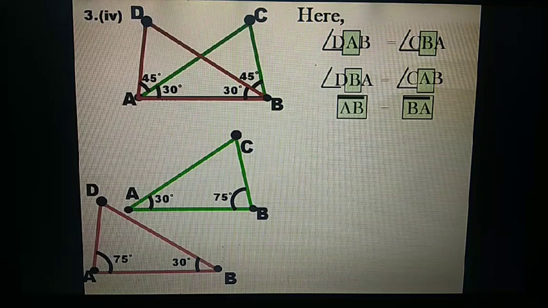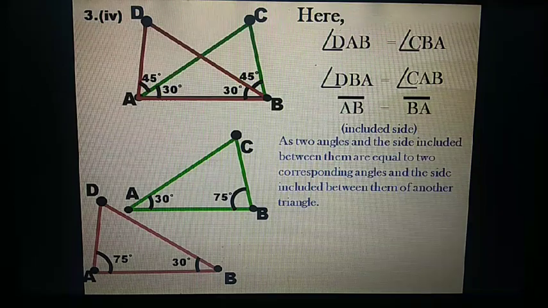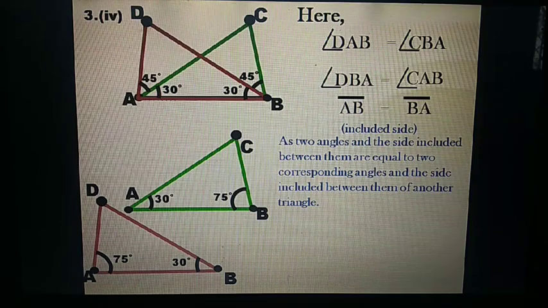As the included side is mentioned and they are equal, we can say that the triangles given to you, by ASA congruence rule, are congruent. Now finding out the corresponding vertices.